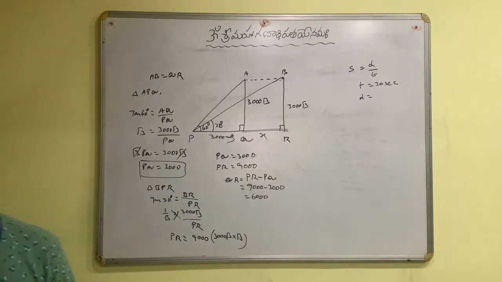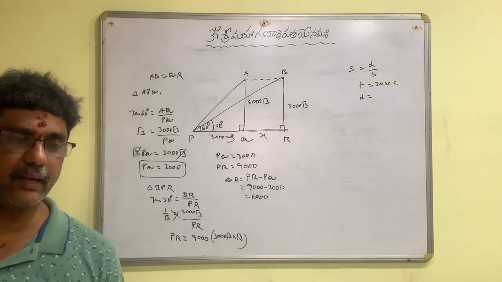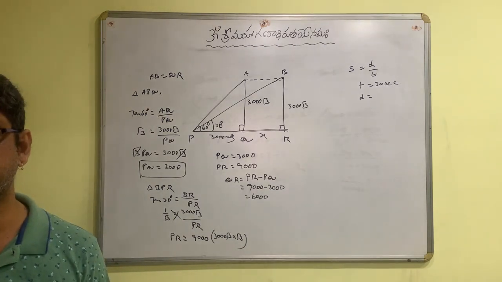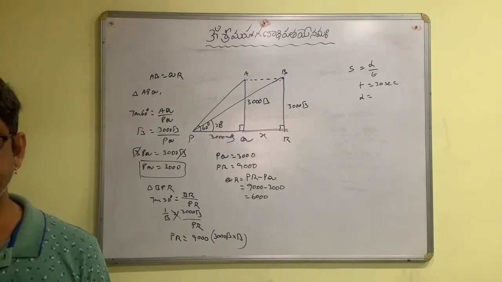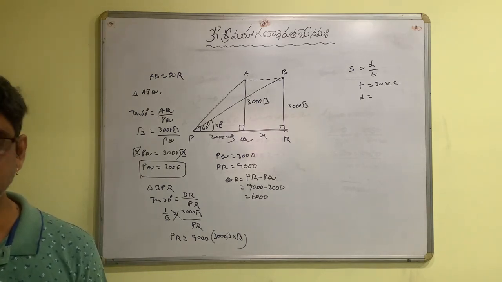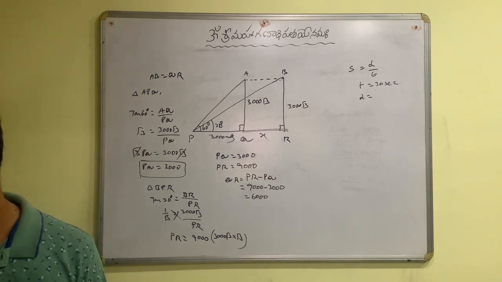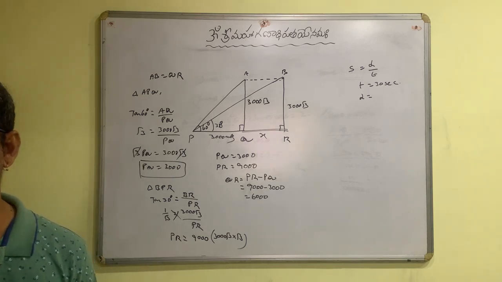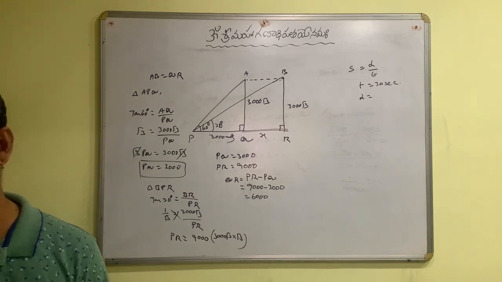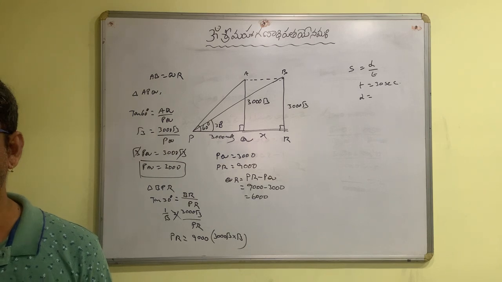So, can anyone say what is the speed of the aeroplane? Speed is equal to distance by time. We have the distance and we have the time.